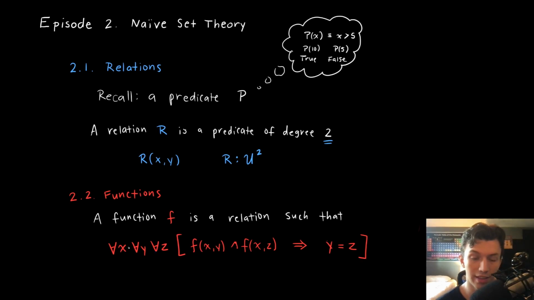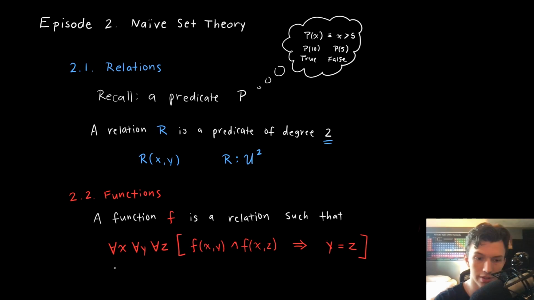So this is saying that for some left input X, if there are two other inputs, Y and Z, that satisfy the relation, the function f, then they must be the same. They must be equal, is what it's saying, okay?